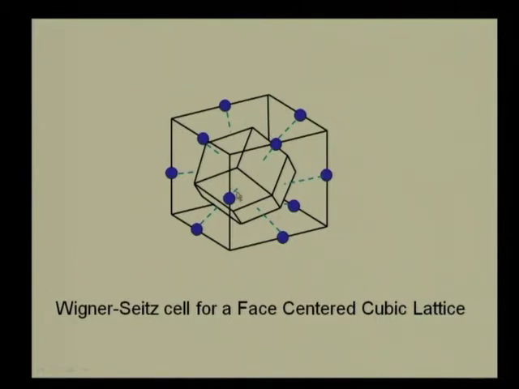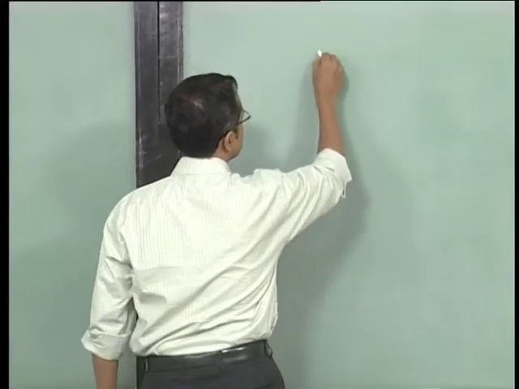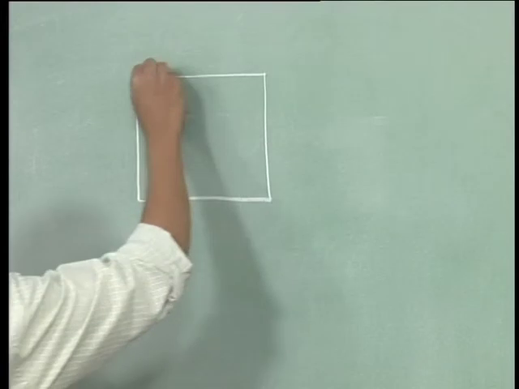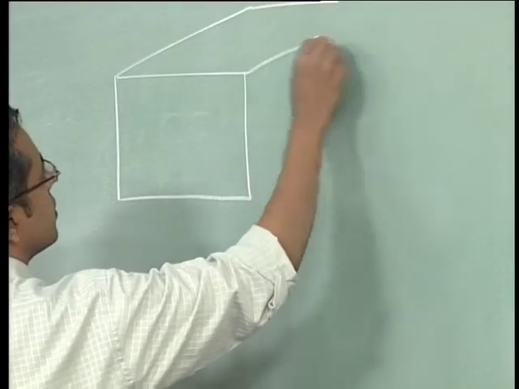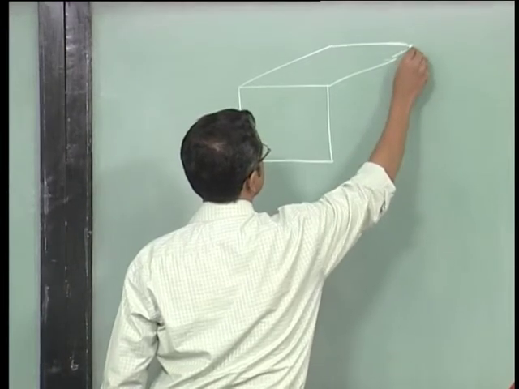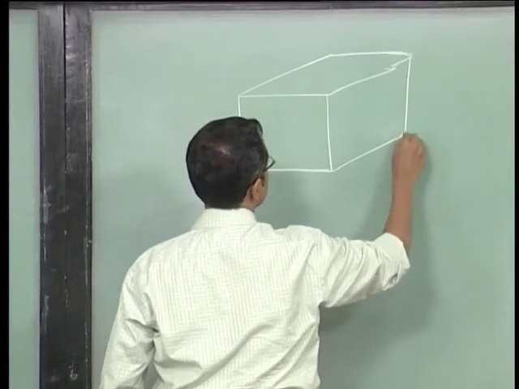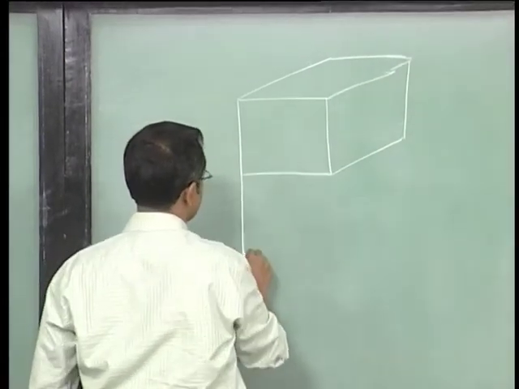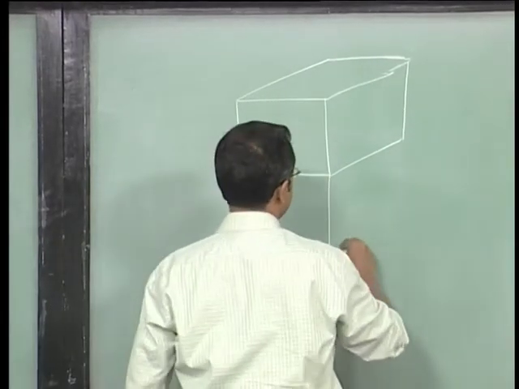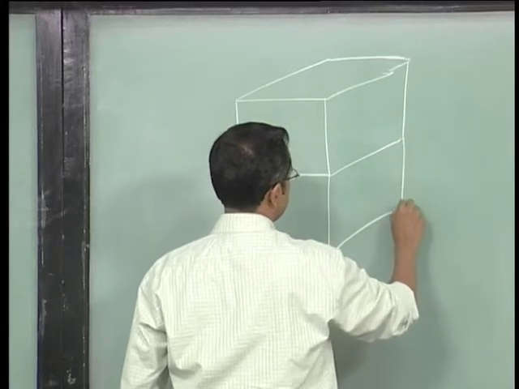So I will just show that to you on the board before we come back to this diagram. What we are drawing here are two unit cells of the FCC structure.